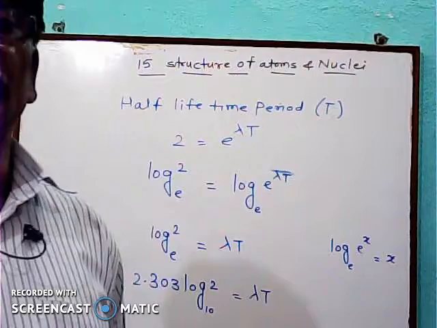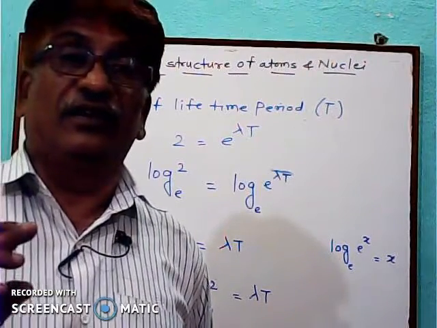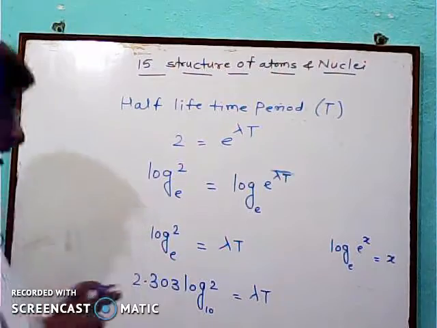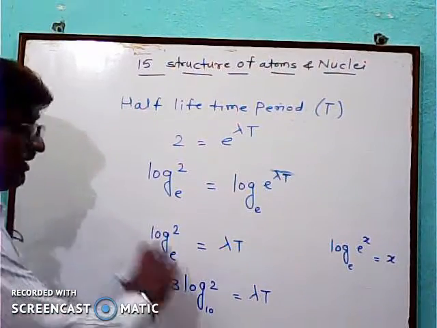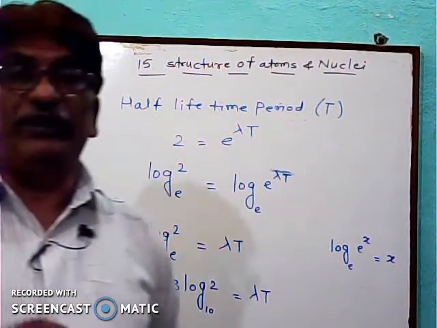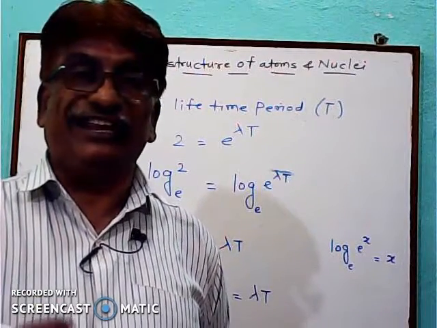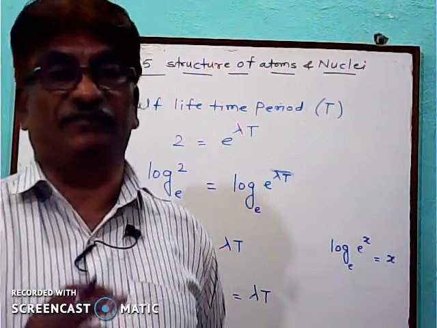So first a question will arise in your mind: why can we take 2.303? Because when we take 2.303, then base e is converted into 10.